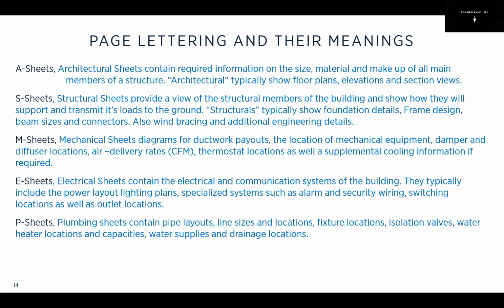They typically include the power layout, lighting plans, specialized systems such as alarm and security wiring, switching locations, as well as outlet locations. It's important to point out that your low voltage or your security wiring are typically delivered in separate supplemental drawings.